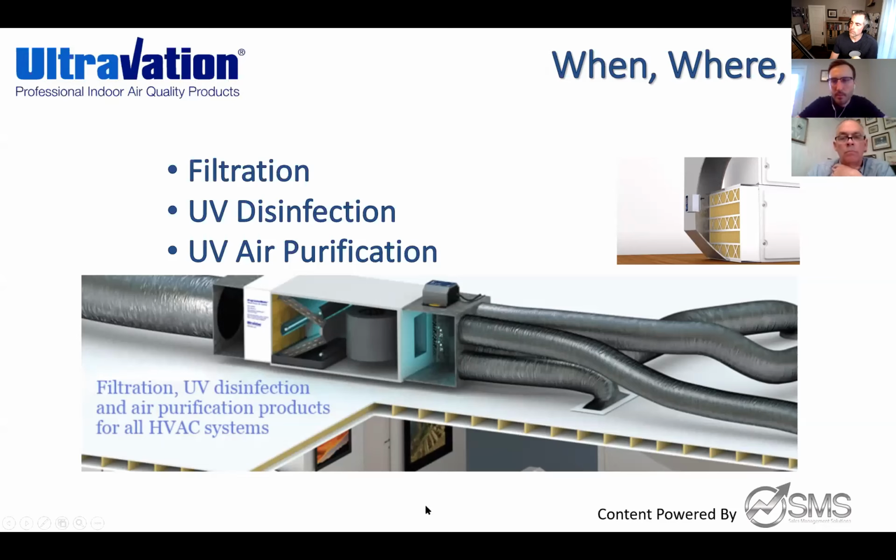First, if you look up in the upper right, you're going to see our Orion product. That is our ionization product that's going to electrically charge the particles in the air. And that's basically going to, in simplistic terms, clump up the particles, allowing them to be caught in the air filter better.